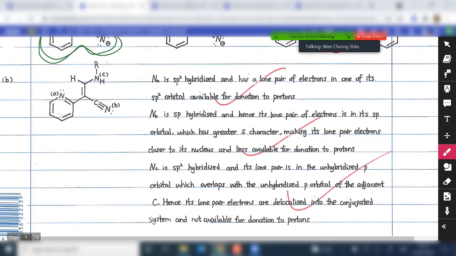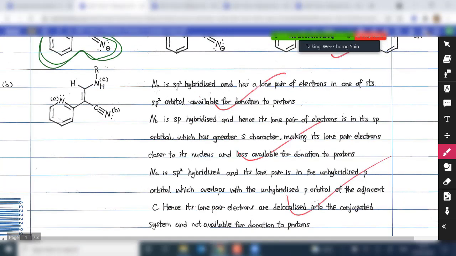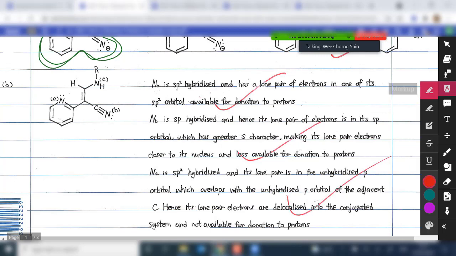Number one, if you check the structure, you will notice that for this particular nitrogen, the lone pair is at the p orbital, so it is likely to form a continuous overlap all the way. That means the lone pair is resonance stabilized.